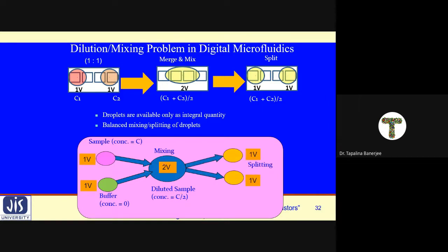So after 1:1 mix-split, we have two droplets, each of one volume, but the concentration is C by 2. We can notice that the denominator is 2. So if we take this resultant droplet and mix it with another droplet of the same volume of buffer, then split it, the outcome will be C by 2 to the power 2, and so on.